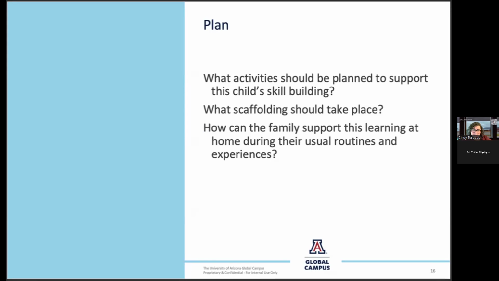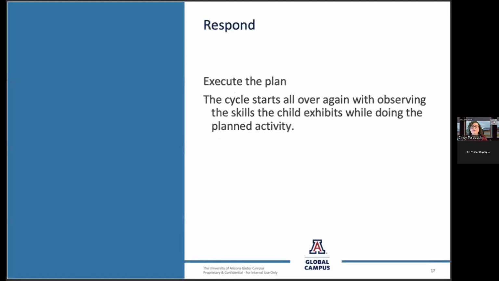They see their children everywhere else, in every other social setting, and in every other experience other than being in an early childhood setting. So their observations have to become part of our thinking and part of our planning. And then after we write that plan, after we get done planning, we respond, which is when we execute the plan. The cycle starts all over again with observing the skills the child exhibits while doing the planned activity.